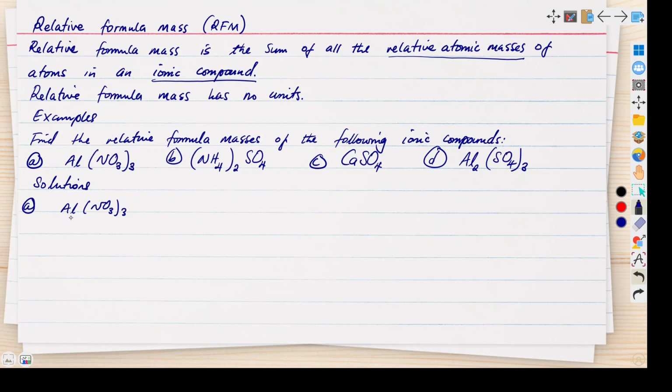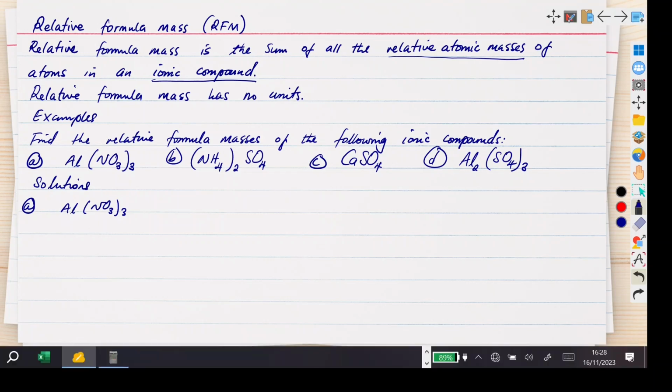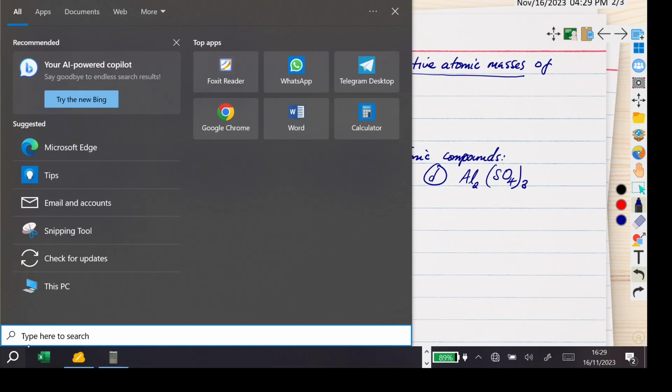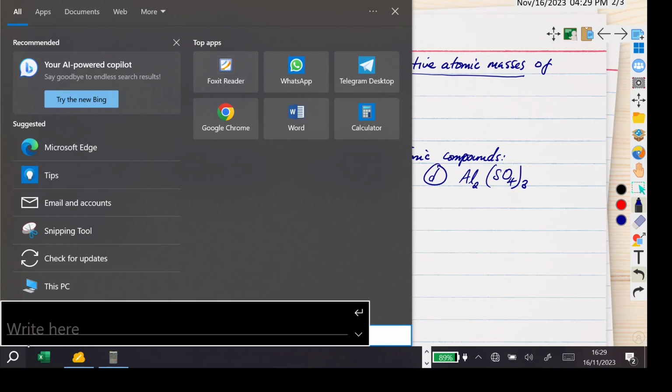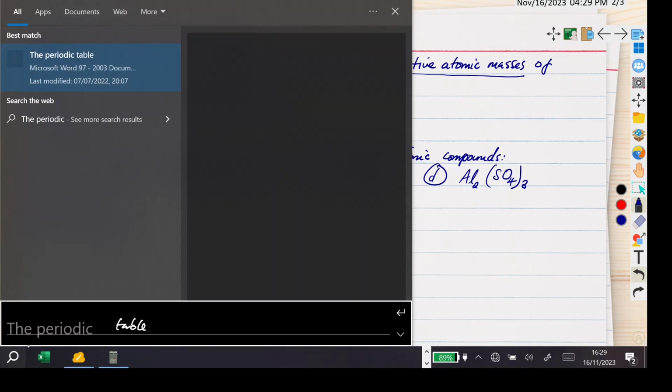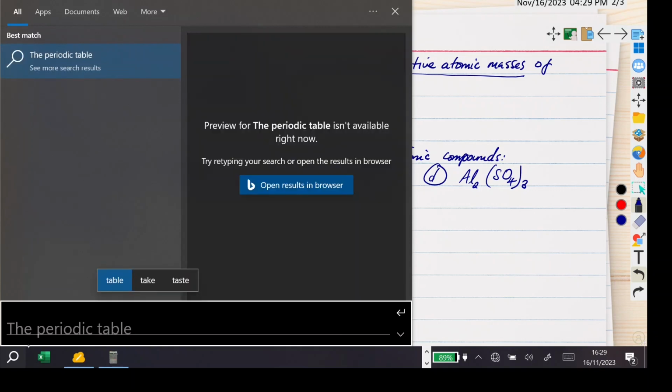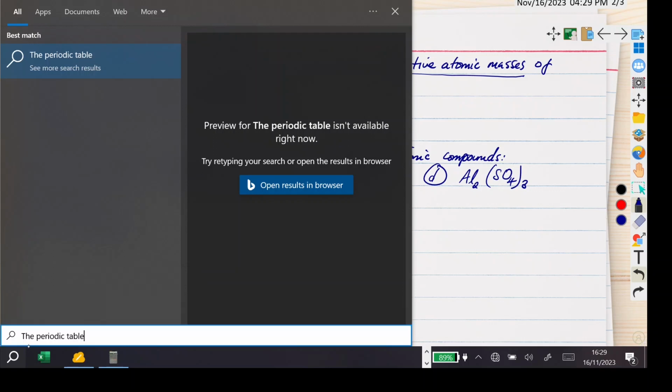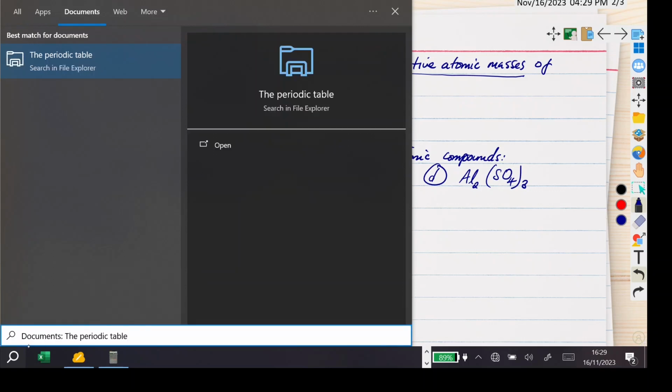So like on the periodic table, let me just show you the periodic table. Let me see if I can have the periodic table here. Where is it hiding now?